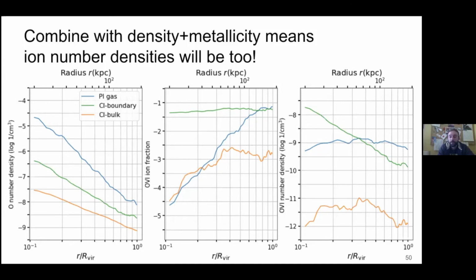And the point I want to make is that you can't quite write it off because this is increasing so much that the total scale of this stays about flat. So you do need to keep track of stuff even when only a small fraction of it is in the state you're looking at, if it's getting more dense there too. You're getting more oxygen times a lower fraction, which gives you the same number density of that specific ion.